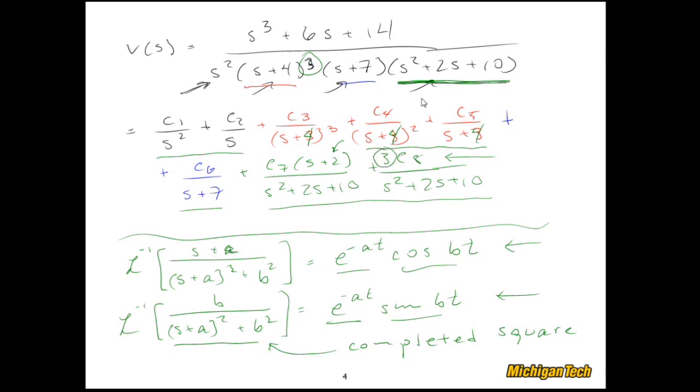So let's look at that in just a little bit more detail. In the previous page we had s squared plus 2s plus 10, and if we want to write that in completed square form, you can memorize the formula, or you can just know by working this out that a needs to be 1/2 of that coefficient.